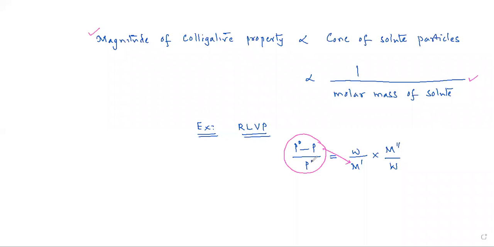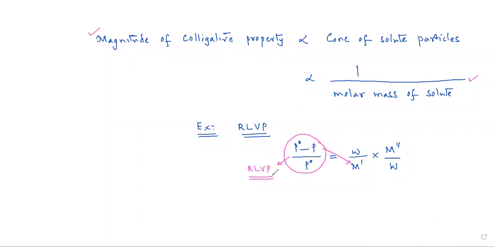This is the condensed form of Raoult's law. So RLVP, which is a colligative property, has its magnitude inversely proportional to the molar mass of the solute.